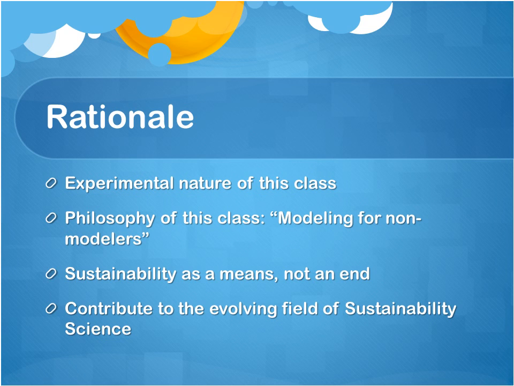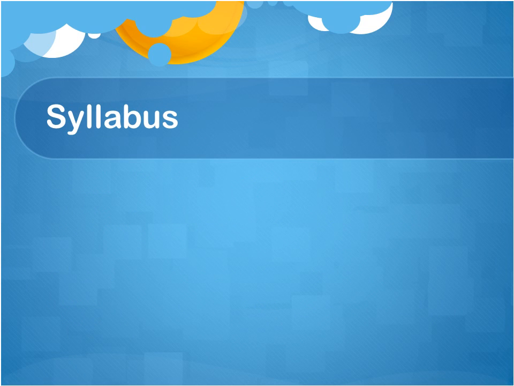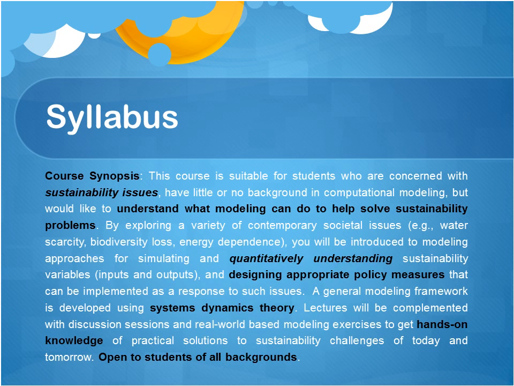Let's move on to the syllabus. The course synopsis that I put in, I hate these wordy slides, but I just wanted to capture some keywords in the course synopsis that I offered in the course syllabus that was circulated earlier. Really, this class is for students who are concerned with sustainability issues.